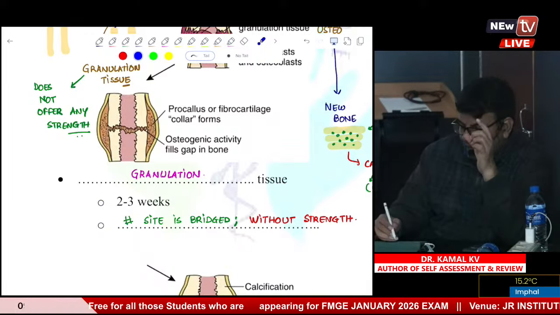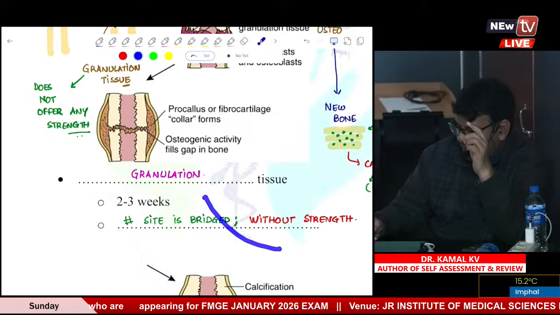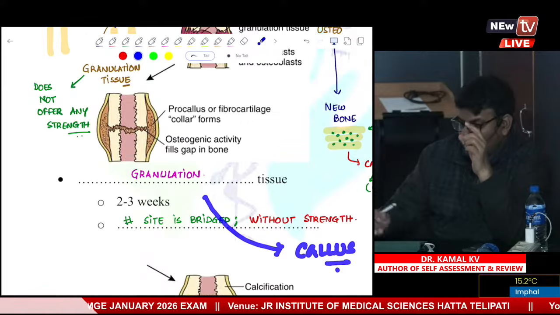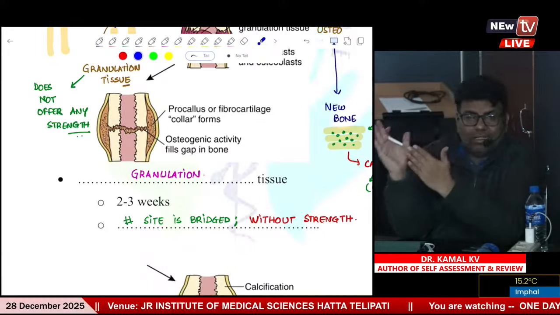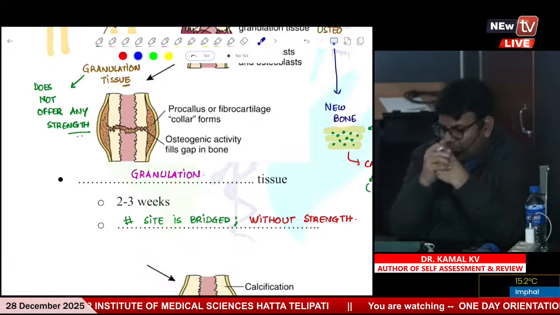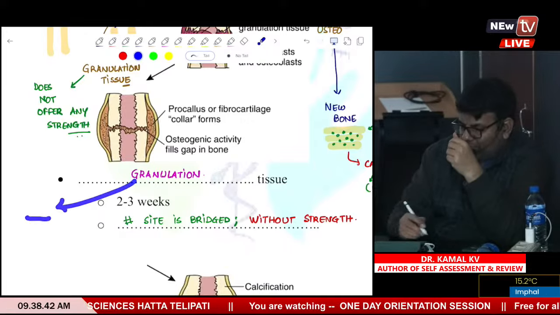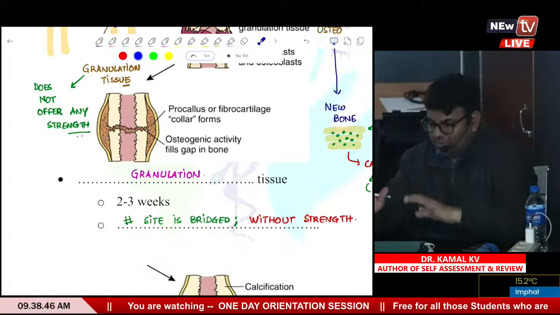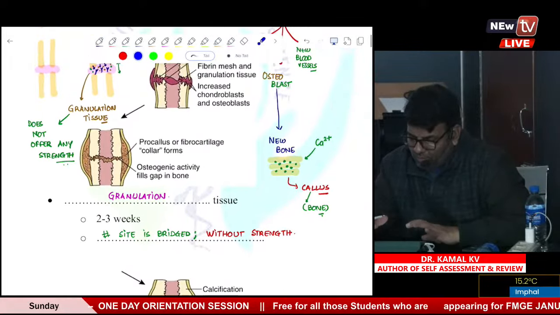In soft tissue, after the second stage there is fibrosis, but in a bone, after the second stage there is callus. So the initial two steps are same, whether it is bony tissue or any soft tissue. So this is how the process differs, although the initial two steps are almost same.